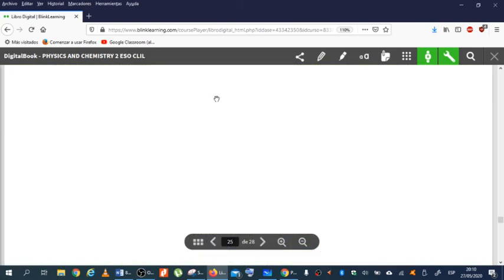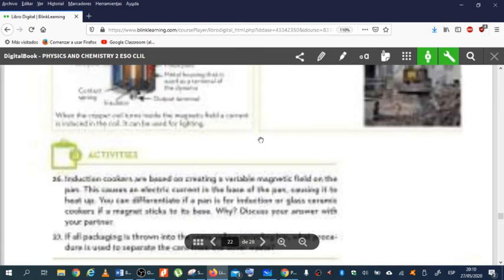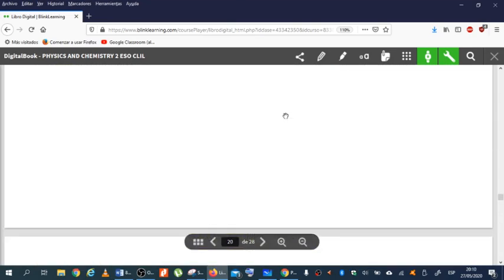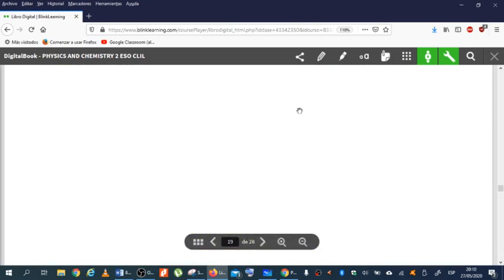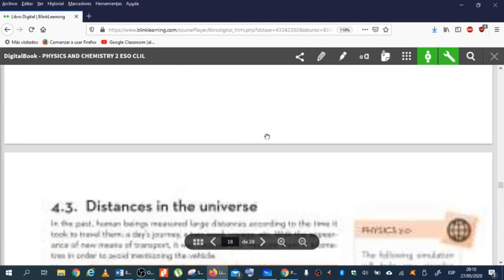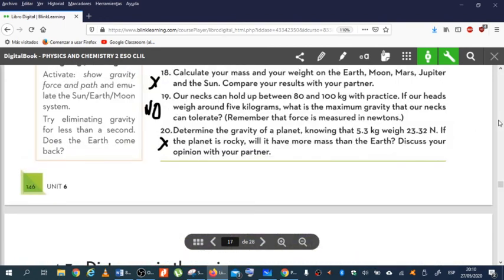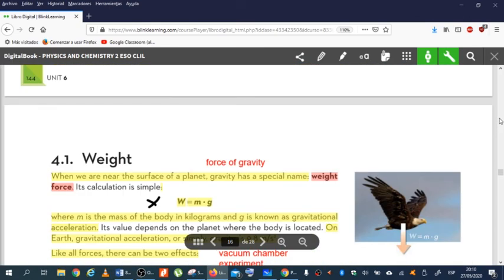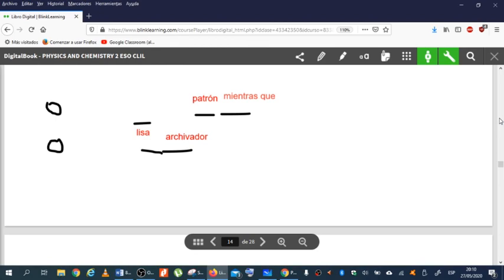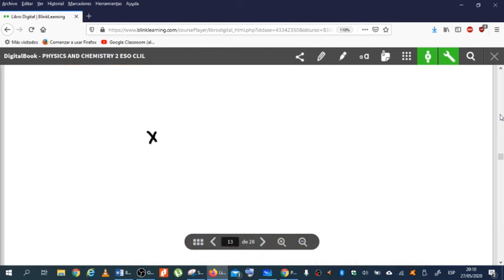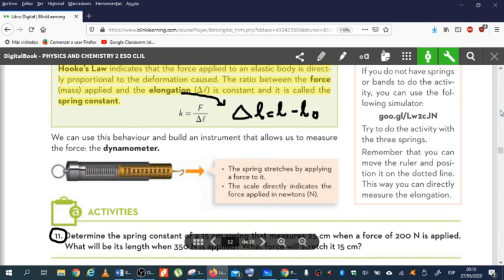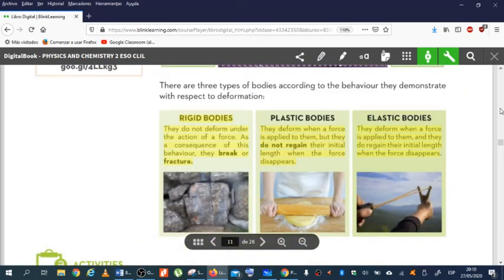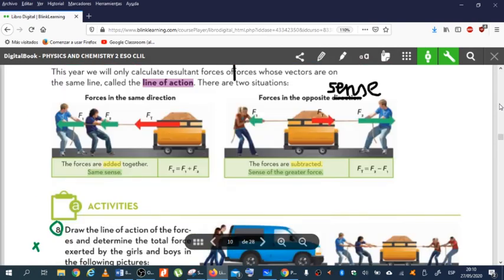Wait a moment, I will tell you from which page you have to study, because the internet is slow here today. Force of gravity, forces, wait. It is because this unit is like 2 normal units, so it is very long.